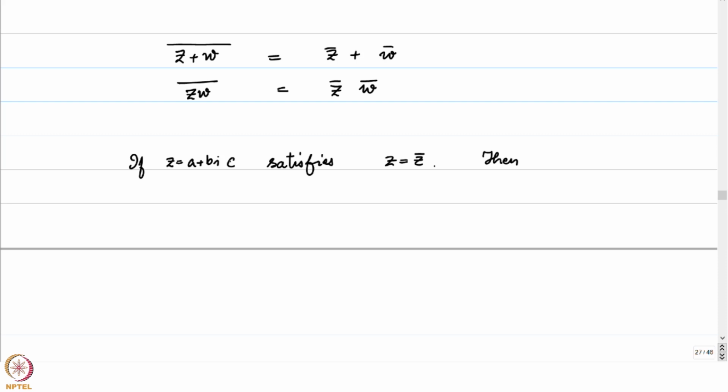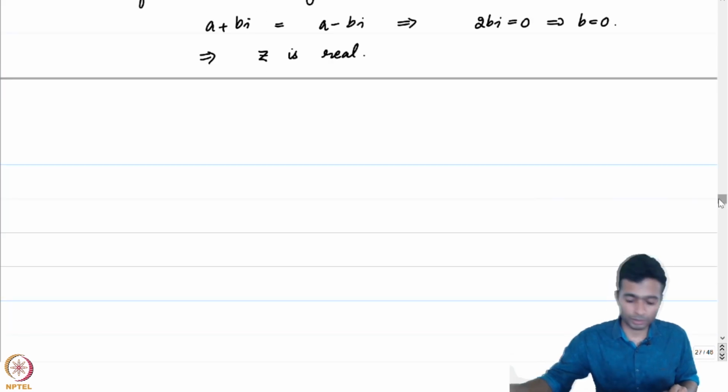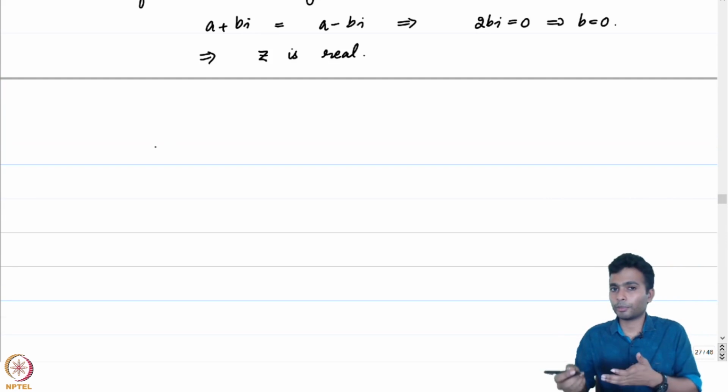So a plus bi is equal to z bar, which is a minus bi, which implies that 2bi is equal to 0, which implies that b is equal to 0 since 1 and i are forming a basis. So b is equal to 0 tells us that z is real. If z is real, then naturally b is equal to 0, and therefore z is going to be equal to z bar.